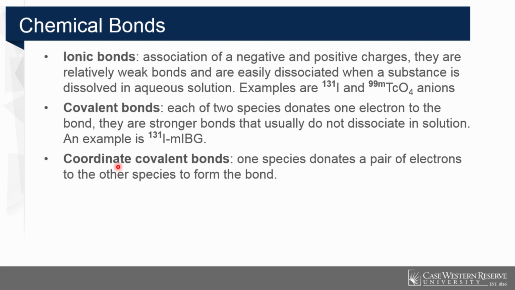The last one, most relevant to this talk, is the so-called coordinate covalent bond, in which one of the pair will donate two electrons to be shared by the other one on the orbit. It also can be very strong.